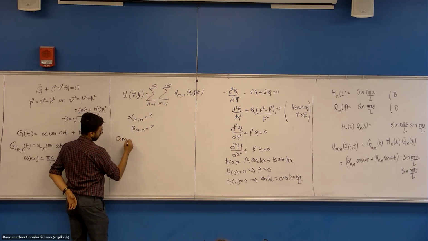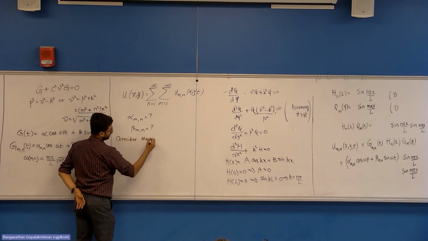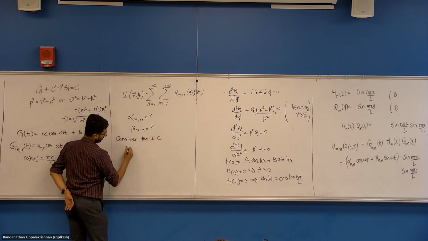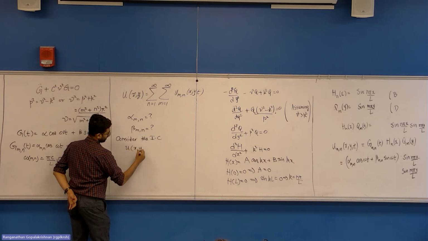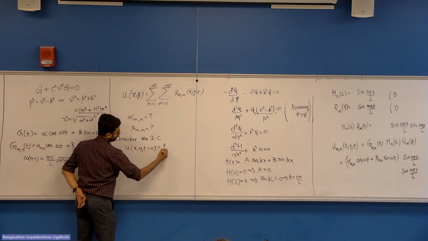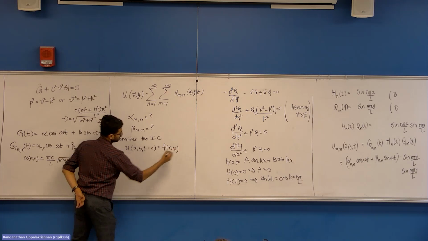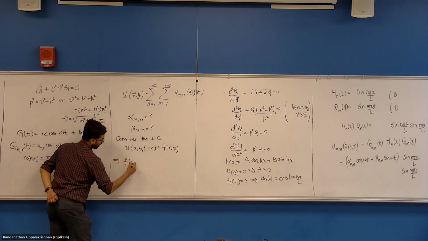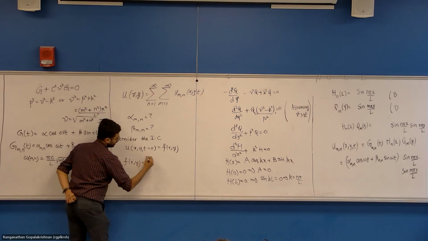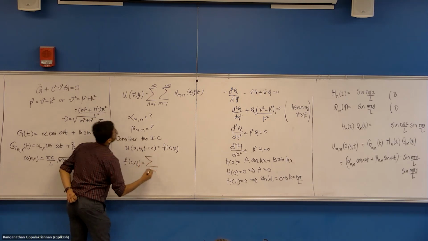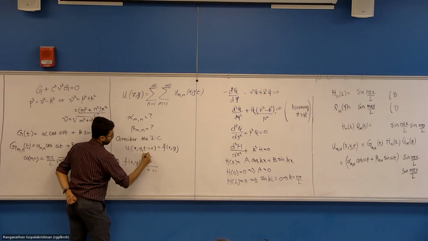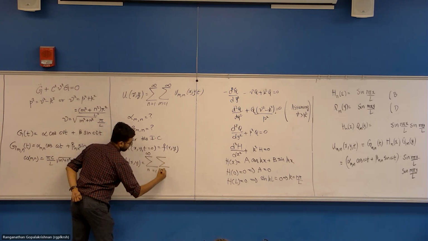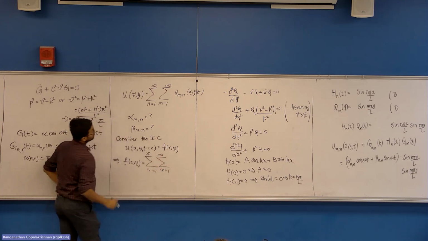Consider the initial condition u of x comma y comma t equal to 0 equals f of x comma y. This would mean f of x comma y is a double summation from 1 to infinity.